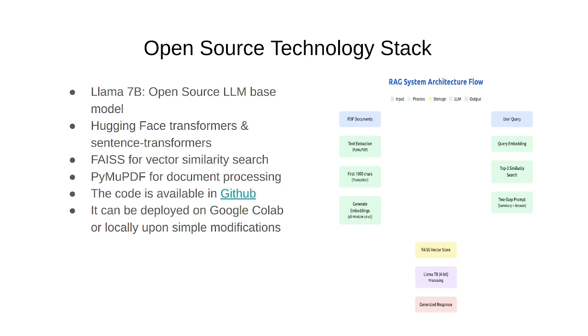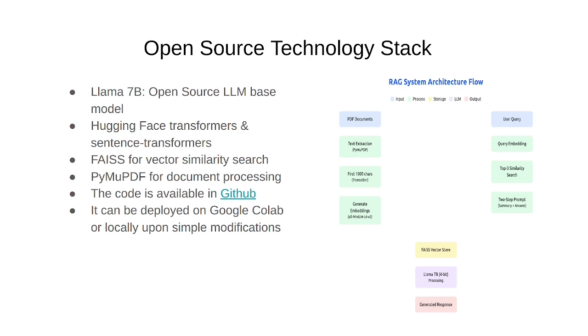All-MiniLM-L6-v2 is an embedding model that converts the text into numerical vectors to capture semantic meaning. These vectors are stored in FAISS. You see the yellow box, which is a database optimized for finding similar vectors.